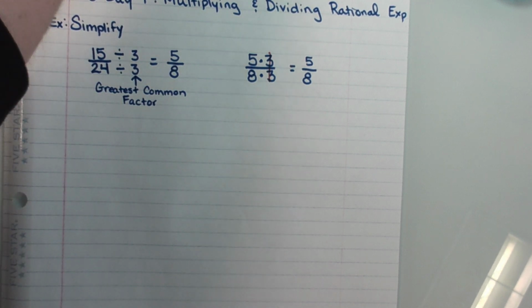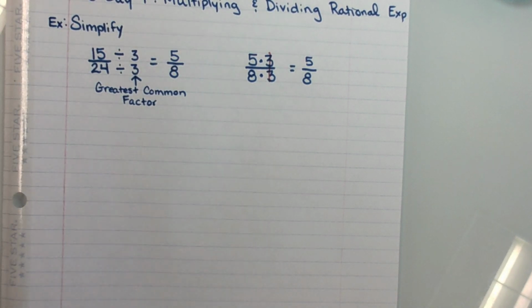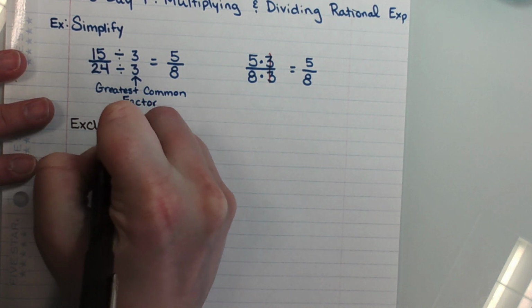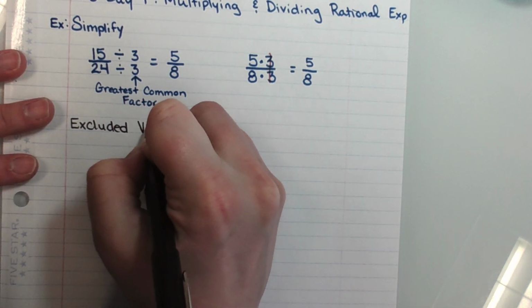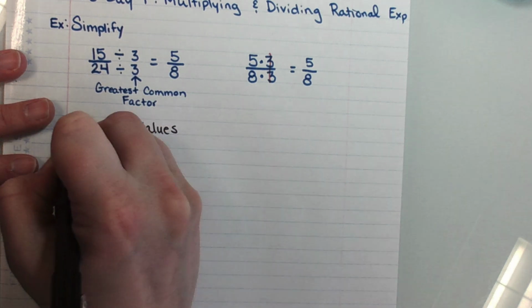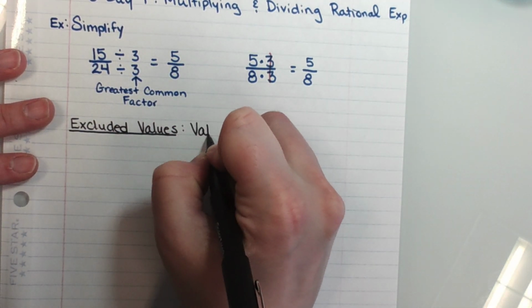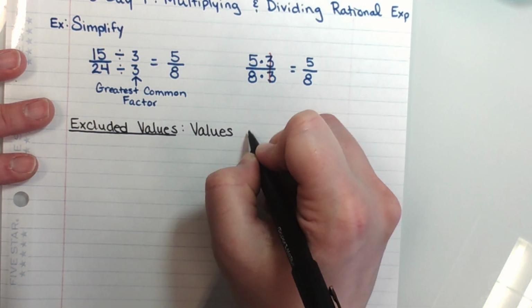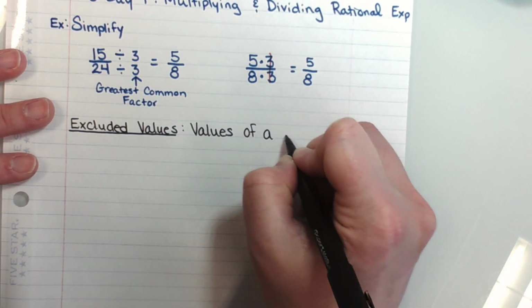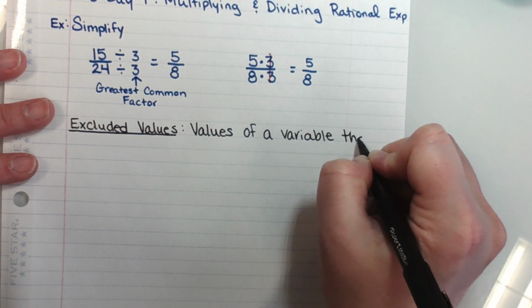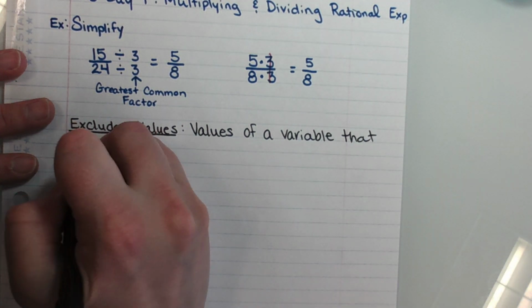Now, before we actually get into simplifying rational expressions, there's one other thing we got to talk about with it, and it's something known as excluded values. Excluded values are values of a variable that make an expression undefined.